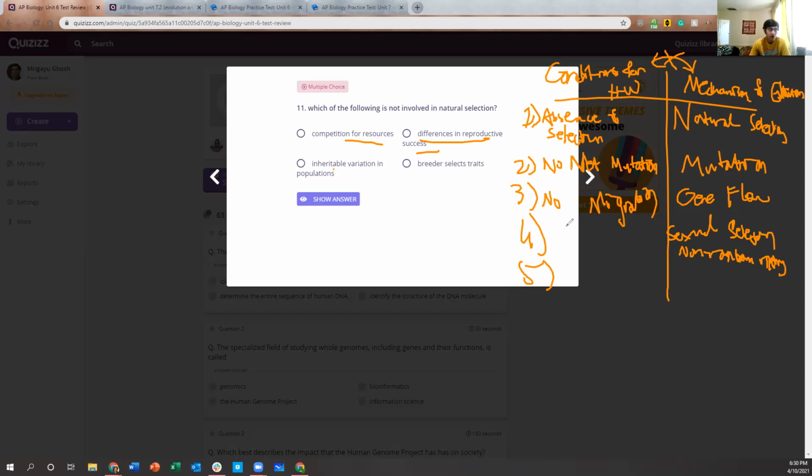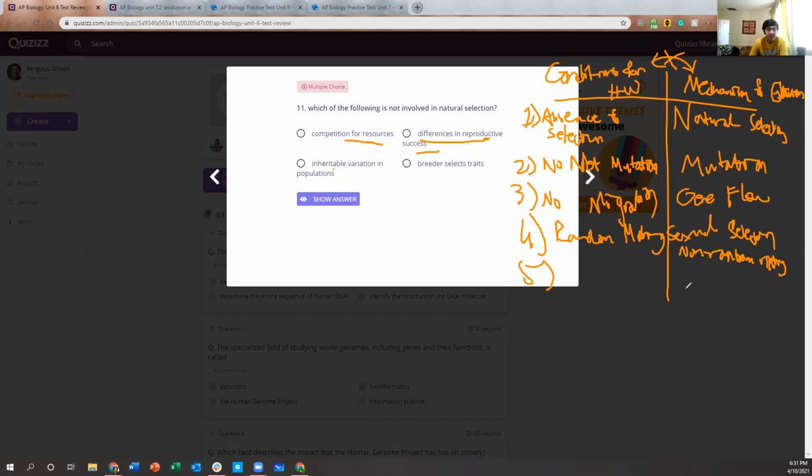That implies that in Hardy-Weinberg, we should have random mating, because otherwise, if the girl likes boy A better than boy B, then the girl is going to select boy A. We don't want that. We want an equal chance for boy A and boy B when we're looking at equilibrium. Obviously, in the real world, that's not how it works. So there's sexual selection.